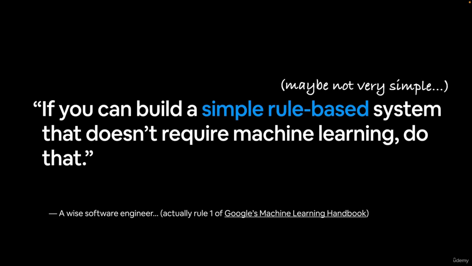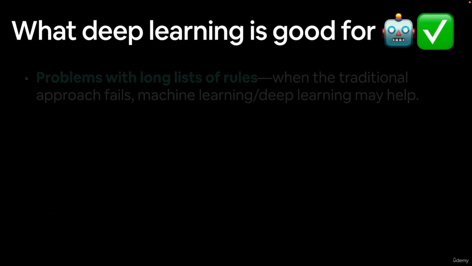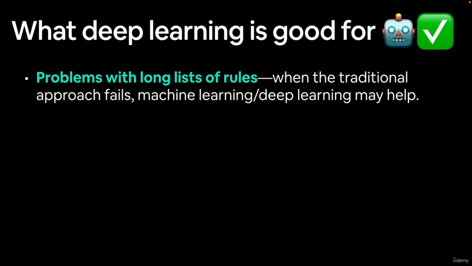In the last video, we familiarized ourselves with Google's number one rule of machine learning, which is basically, if you don't need it, don't use it. And with that in mind, what should we actually be looking to use machine learning or deep learning for? Well, problems with long lists of rules. So when the traditional approach fails.